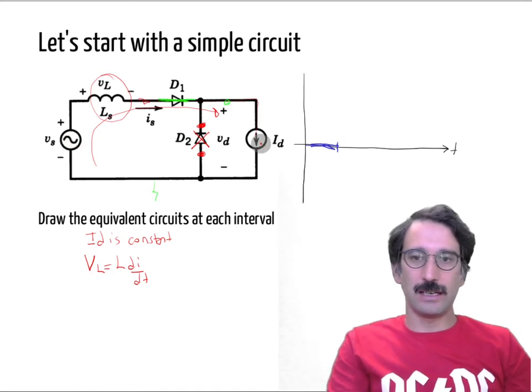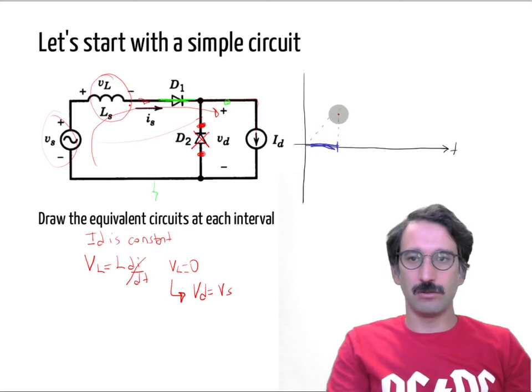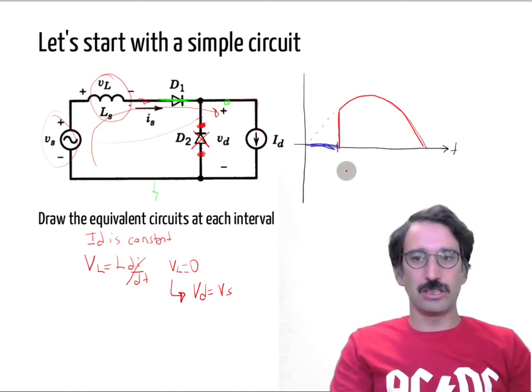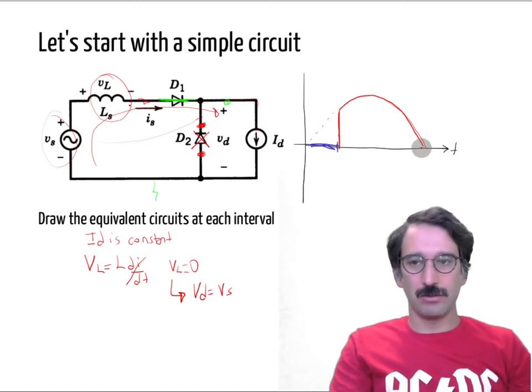We have an ideal current source, so in this case VL will be 0, and if VL is 0, VD will be equal to VS. This is like carrying DC current, no voltage drop, so VS will be transferred to VD. Maybe I'm exaggerating the commutation time, but you will have an output voltage like that, right?